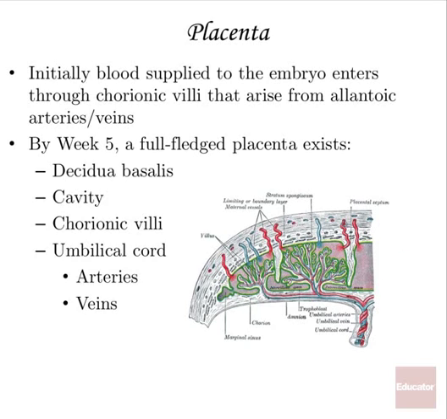It is anchored to the endometrium of the uterus, and usually it's towards the top, near the fundus of the uterus, or superior portion of the body of the uterus. If the placenta is down too low next to the cervix, that could lead to some problems, especially during labor. I'll get to that in a bit.